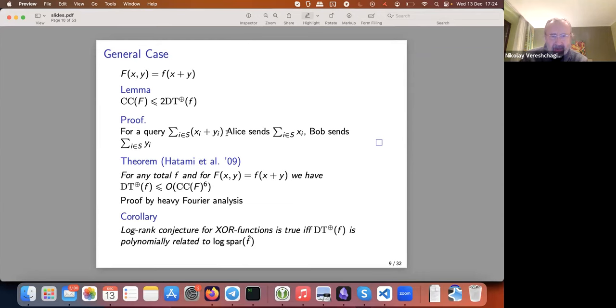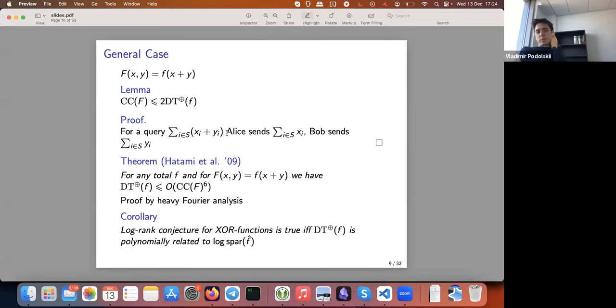Answered for total functions, and we tried to solve it for partial functions, but only for the one-way case. You can observe the word total here in this theorem, and that's the issue. Both Osborne and Hatami proofs use Fourier analysis, and it works only for total functions.